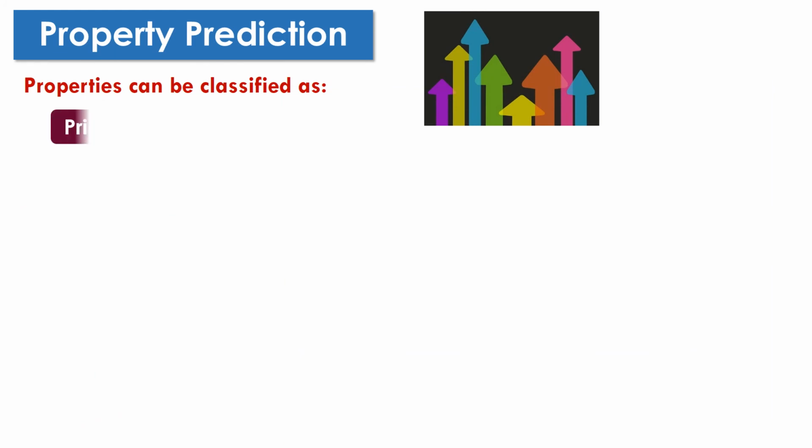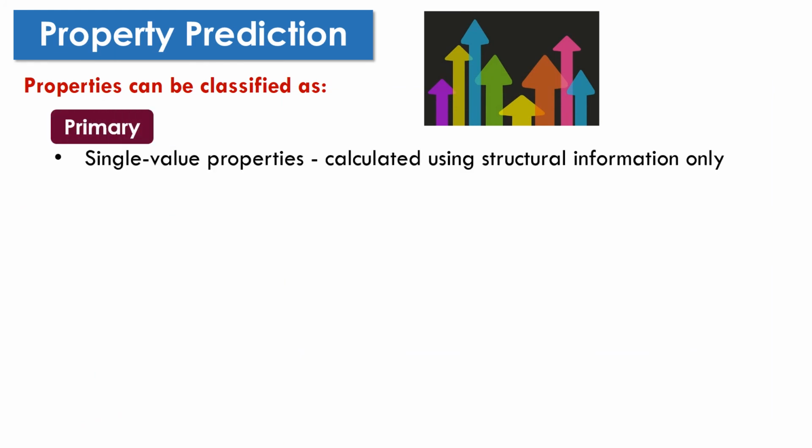Okay, so basically this is maybe a revision of what we have discussed before. Properties can be divided into several classifications, several types. The first one we have is primary properties, which are single-value properties that can be calculated based only on the structural information of the molecule.